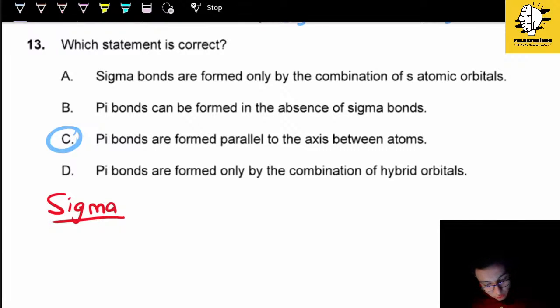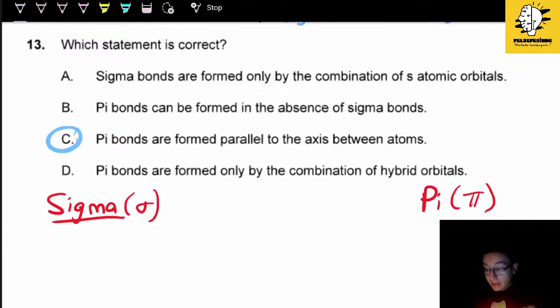So I will draw sigma here and pi here, and let's write pi and let's write sigma here. So let's not forget that sigma bonds is an overlapping of s orbitals, p orbitals, and the hybrid orbitals in different combinations.